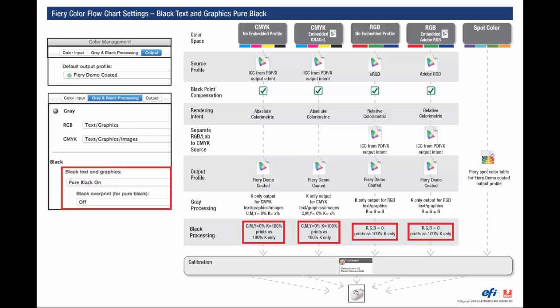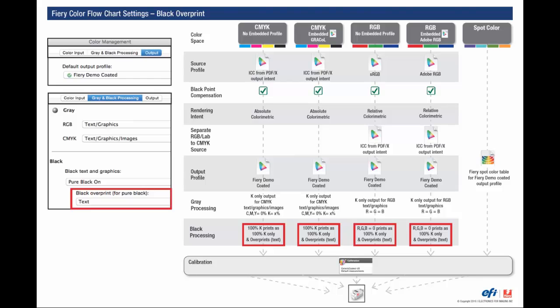For these types of page objects, if I turn pure black on in the Fiery Expert Color settings, these objects will print as 100% black only on the output. In addition to keeping these objects as 100% black, I can also enable overprint for these pure blacks, and we recommend you set this for text, so the text objects will be overprinted, eliminating trapping problems and giving you a better overall appearance of that solid black.